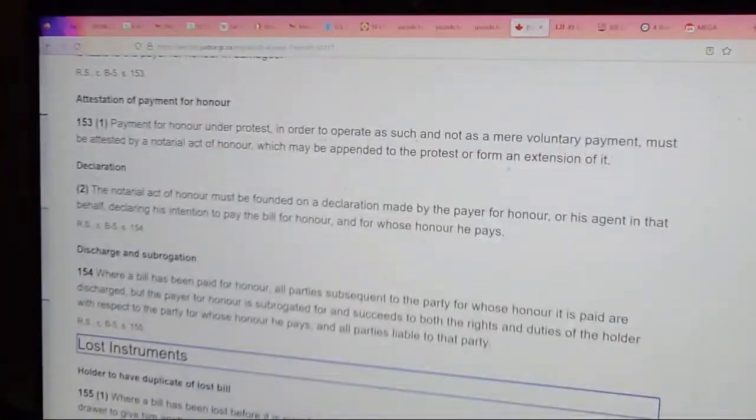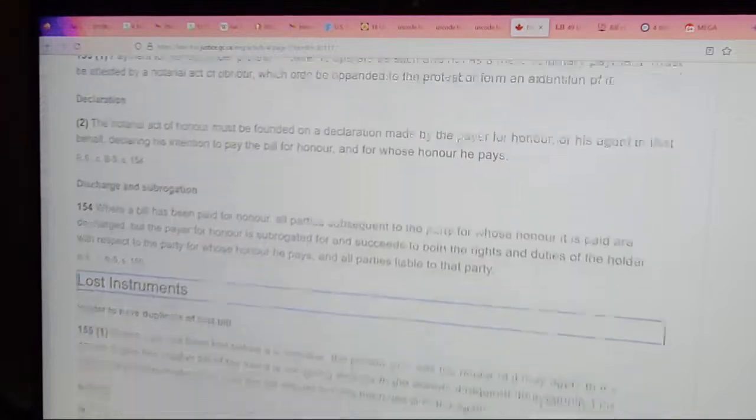Attestation of payment for honor. 153.1. Payment for honor under protest, in order to operate as such and not as a mere voluntary payment, must be attested by a notarial act of honor, which may be appended to the protest or form an extension of it.